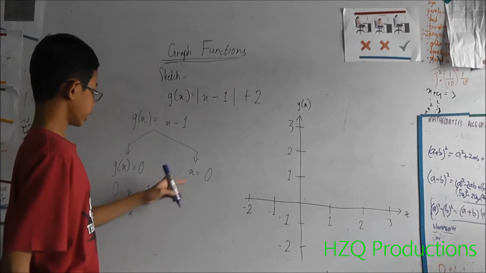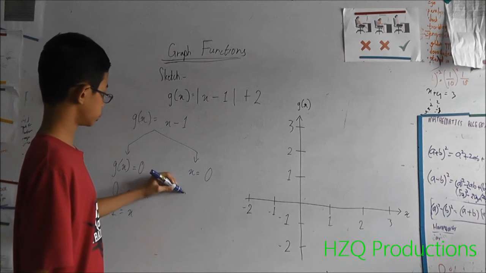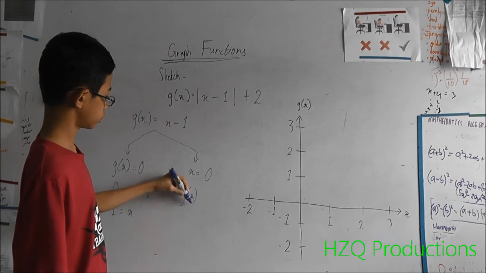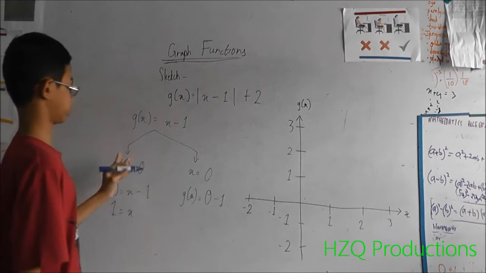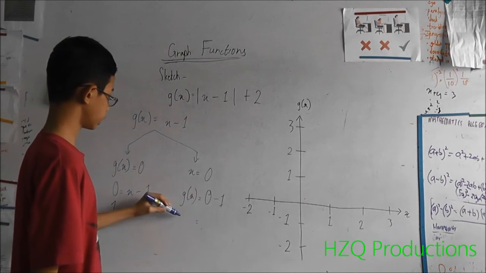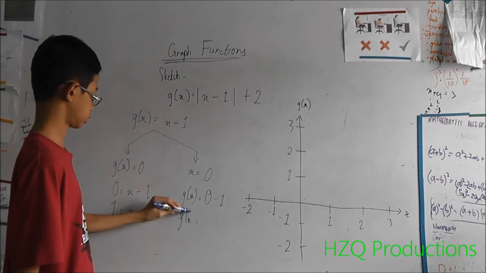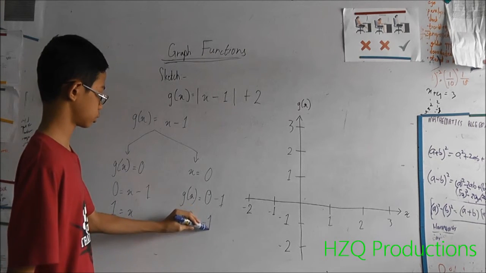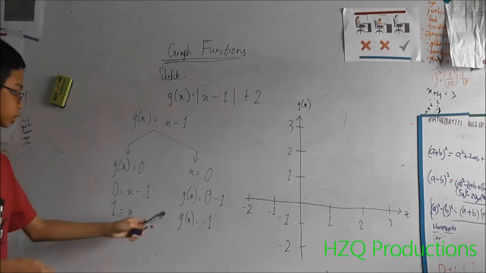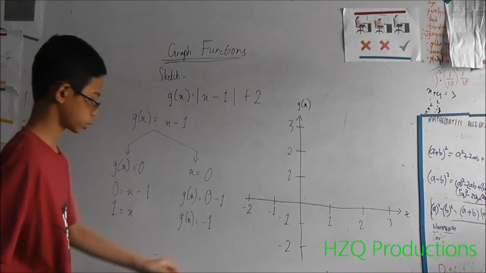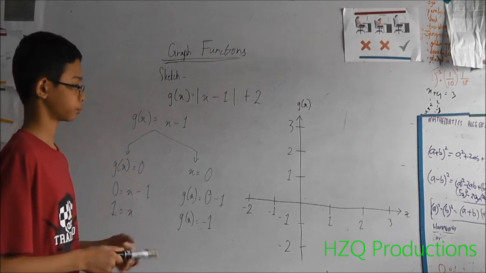So if x equals 0, we'll put g(x) equals 0 minus 1. Just substitute the values. So g(x) is negative 1. With these values, we start plotting, sketching the graph.